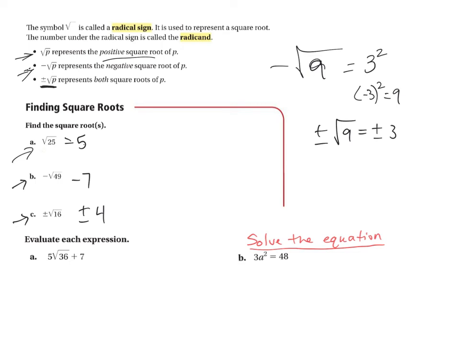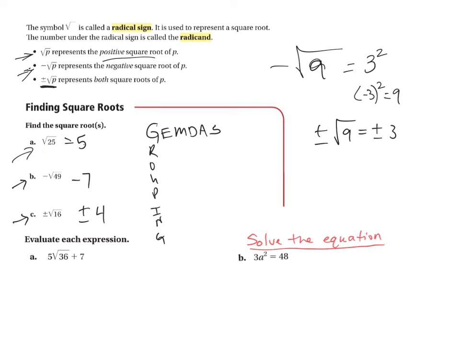Then we have 2 different ones where we have to evaluate. And one of the big reasons why we did GEMDAS instead of PEMDAS is because this first one has grouping symbols, and the square root is one of the grouping symbols.